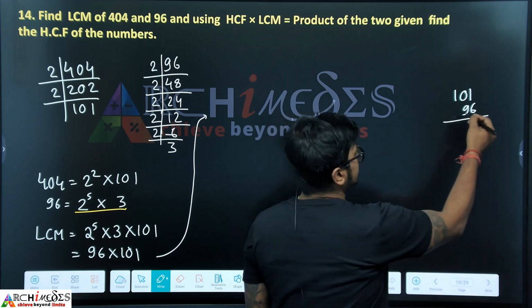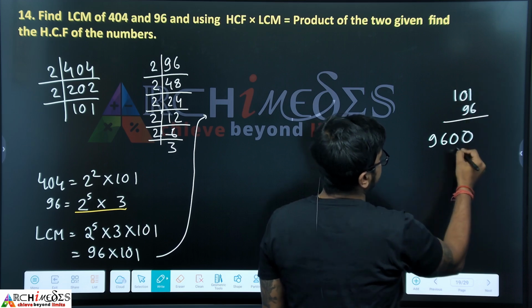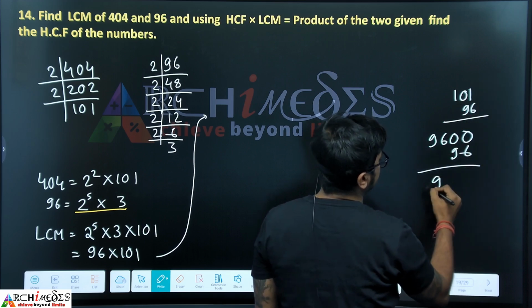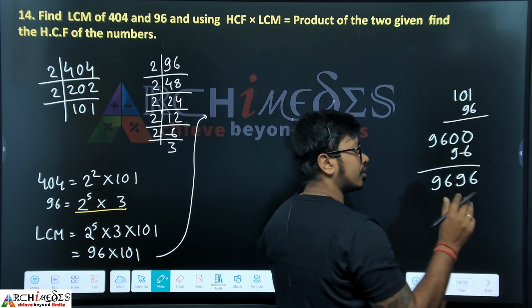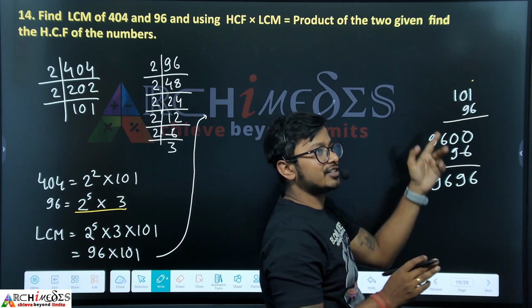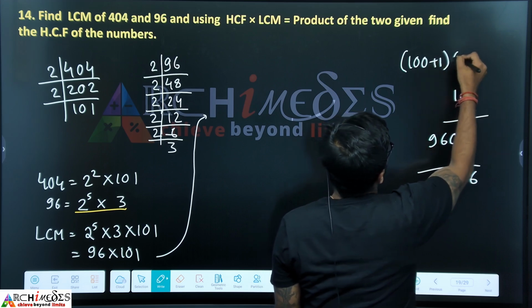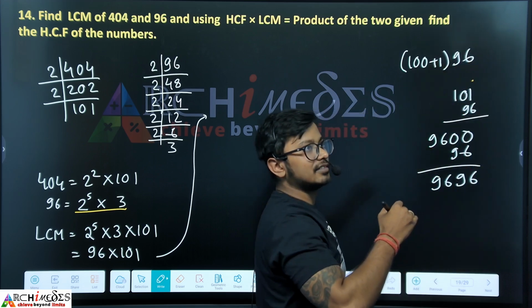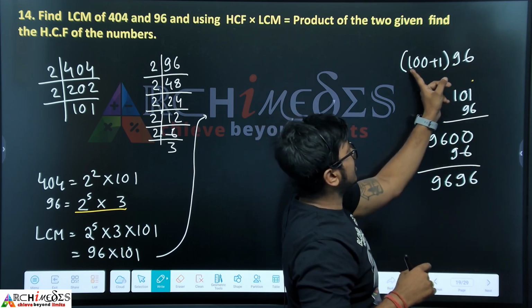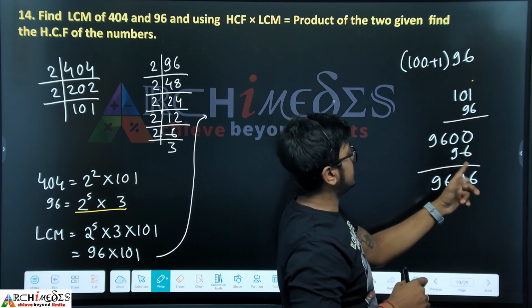So can we do this as 96 into 100 is 9600 first, and then 1 times means 96. Isn't this the answer? Now it's up to you, dear. You can do it normally, 6 into 1, 6060. Actually, 101 times in lower cases you should do in this way, no? Distributive law. 101 is 100 plus 1. So 96 into 100 is 9600, plus 96 into 1 is 96. That is simple.